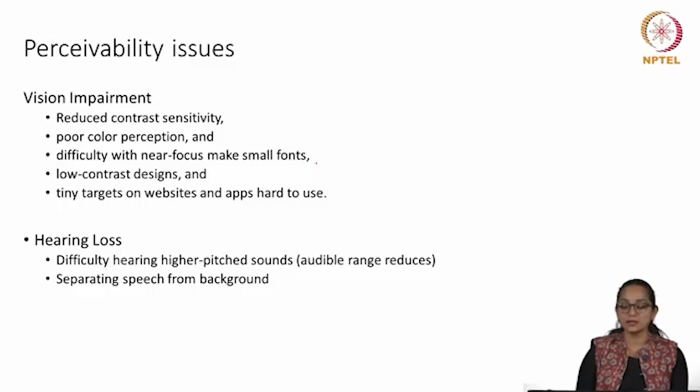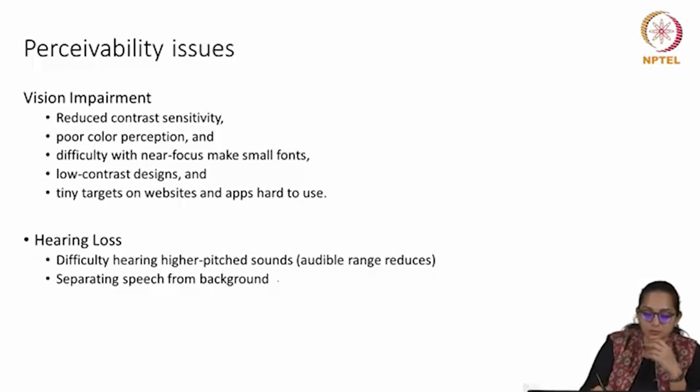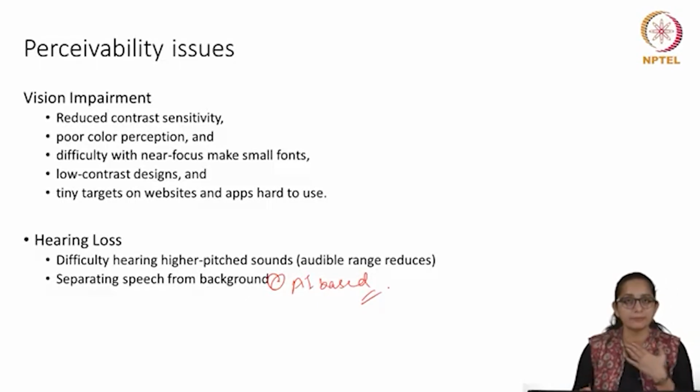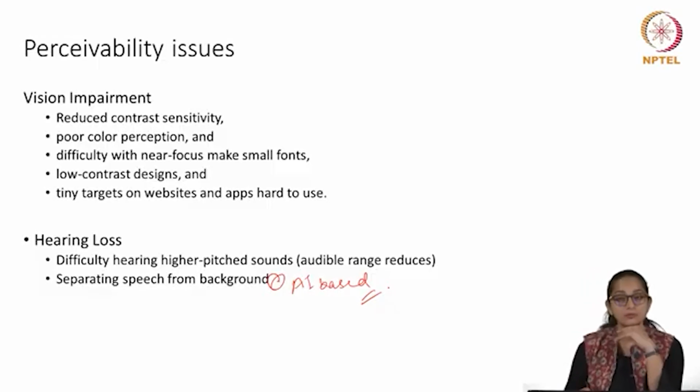If there is high background noise, it may be difficult for people who are aging to separate speech and coherently understand the meaning of the audio content. So, interventions in these cases may be AI based interventions which can help in separating speech from background.